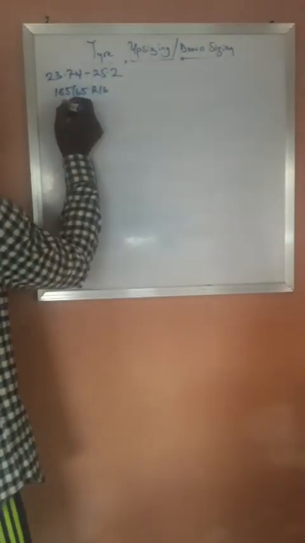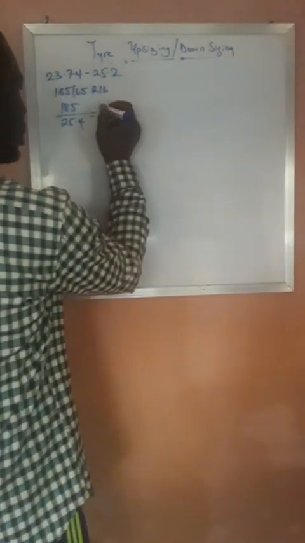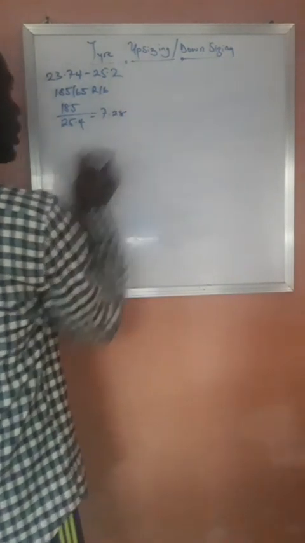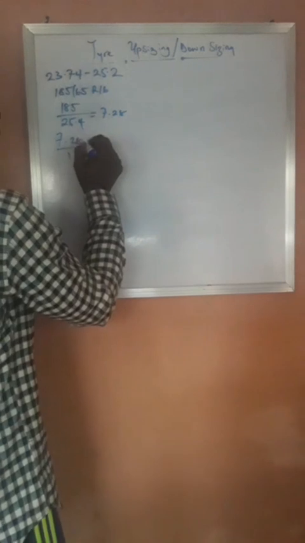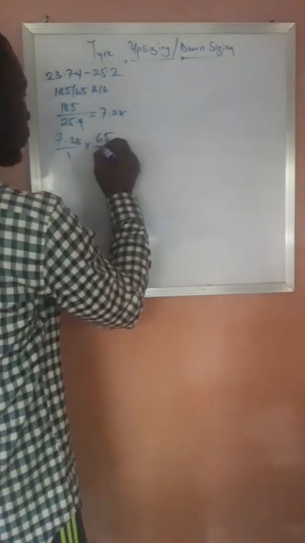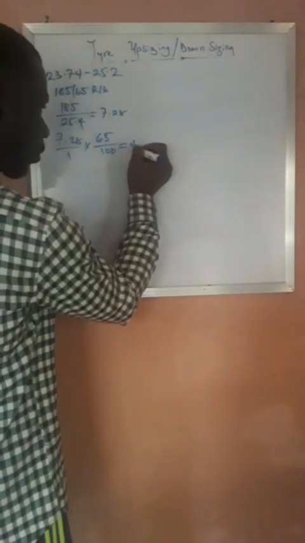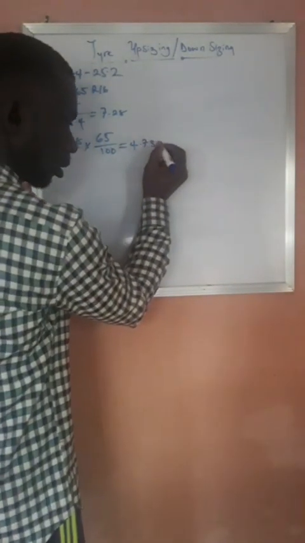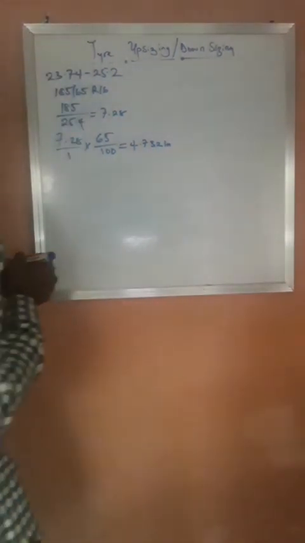So let's calculate 185 over 25.4, which is going to give us 7.28. 7.28 times 65 over 100. We're trying to calculate the side wall length, which is going to give us 4.732 inches.